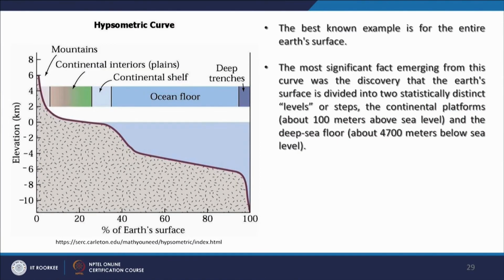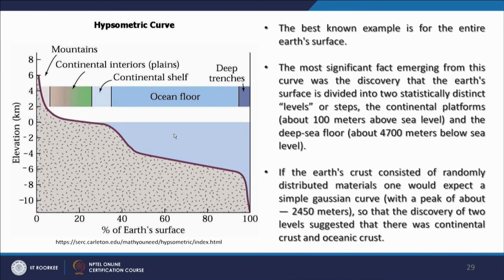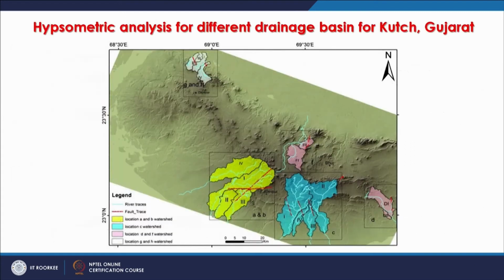Its significance is that the curve showed that Earth's surface is divided into two statistically distinct levels, the continental platform and the ocean floor, and in between we can also distinguish the continental shelf. If the Earth's crust consisted of randomly distributed materials, one would expect a simple Gaussian curve, which is not there. So this is how a generalized hypsometric curve of the Earth looks.